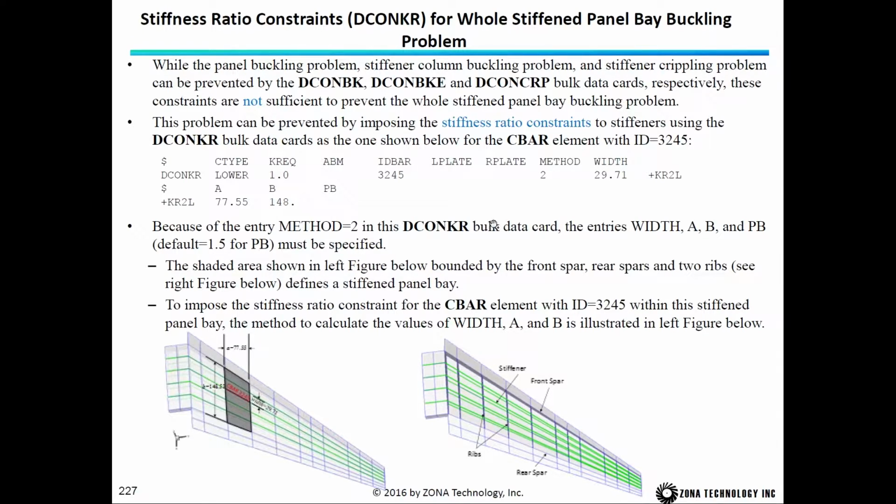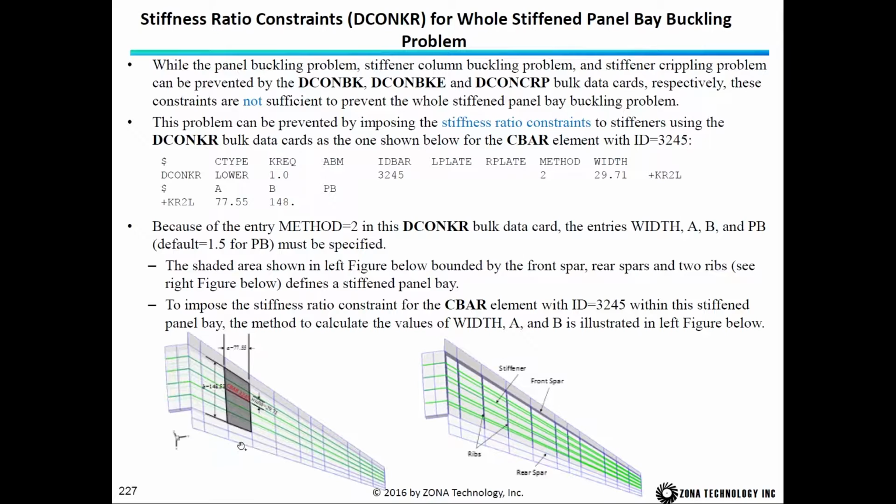We leave it blank because ASTROS can automatically find out who are the 2 CQUAD elements attached to this CBAR element. And we use method equal 2, and the width is the distance between 2 CBARs.